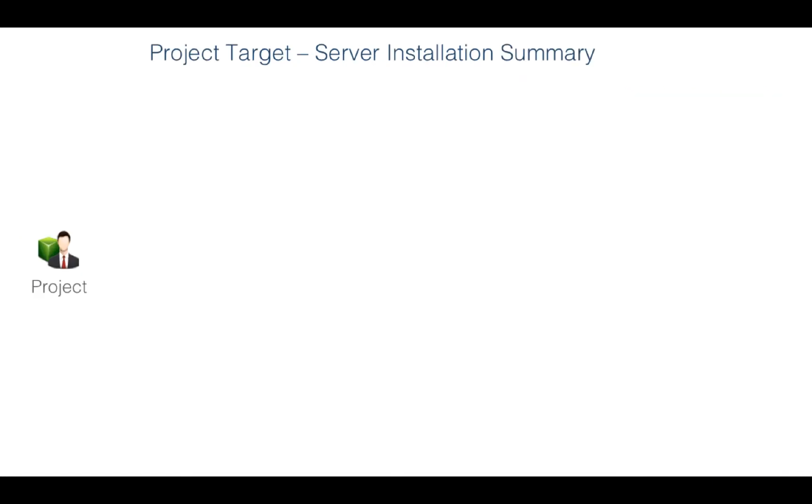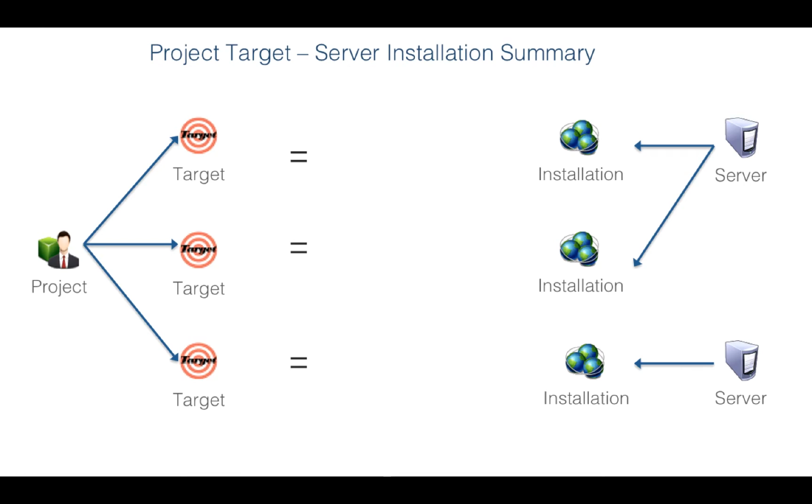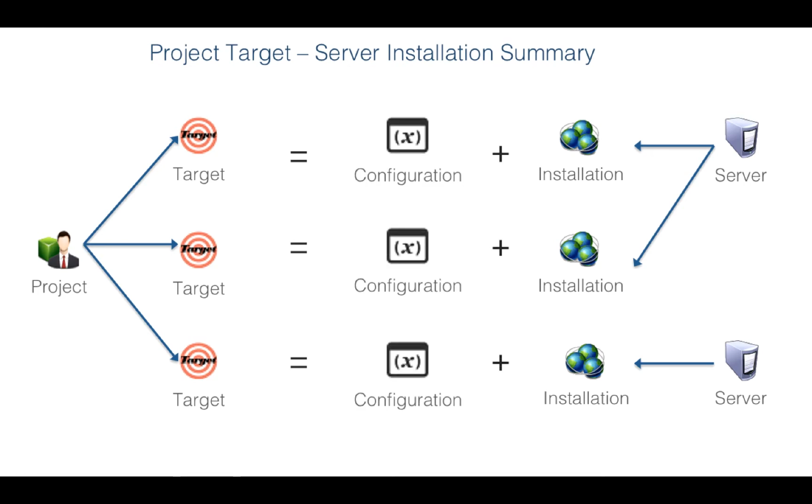Okay, so now let's put all that together and look at the project target server installation summary. So a project, as we've already said, has a number of targets. And a target is actually equal to a server definition plus an installation on that server plus some configuration.